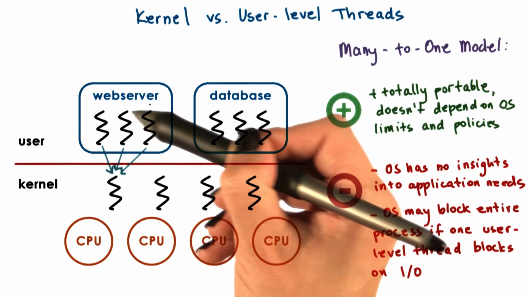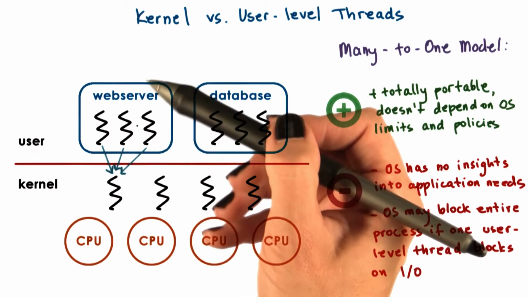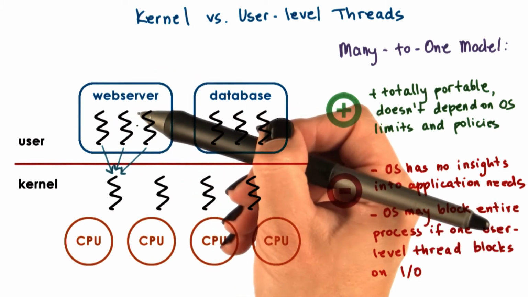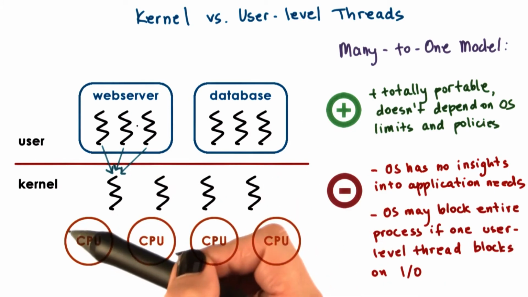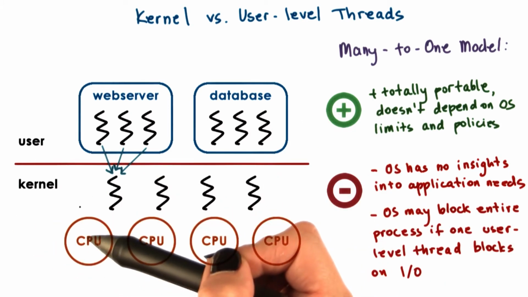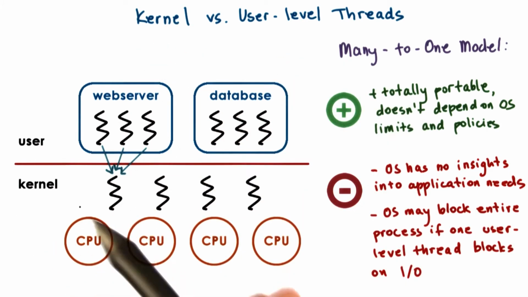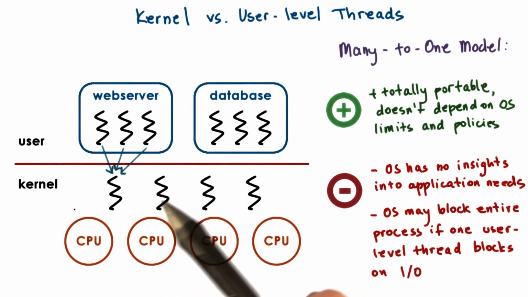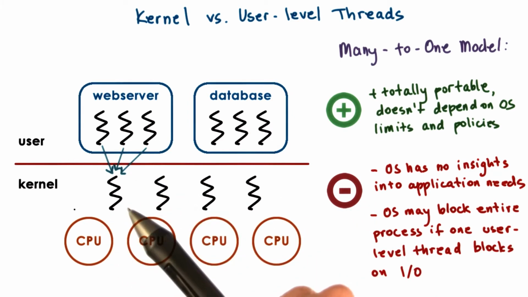The fact that there may be other user-level threads that have useful work to do, and the process overall can make some progress, is hidden from the operating system, from the kernel, and the whole process is forced to wait. This is obviously going to have some implication on performance.